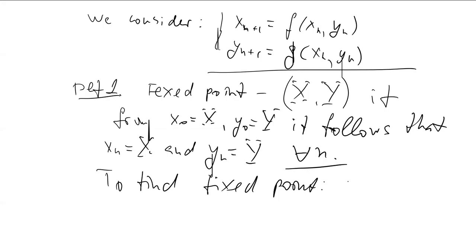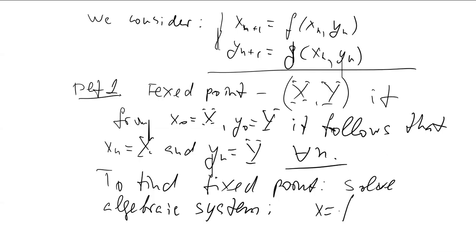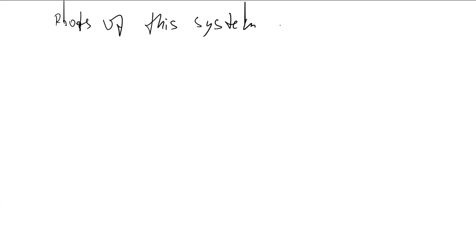We solve the algebraic system: X equals f of X, Y, and Y equals g of X, Y. So the roots of this system are fixed points.